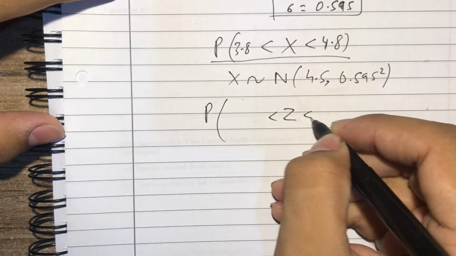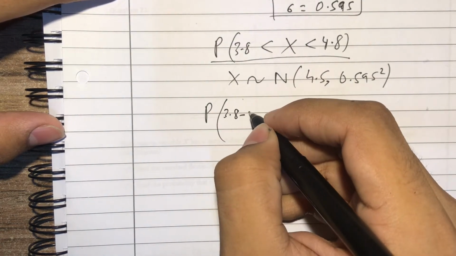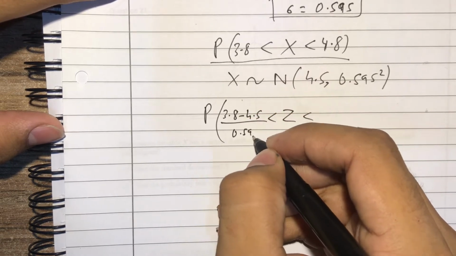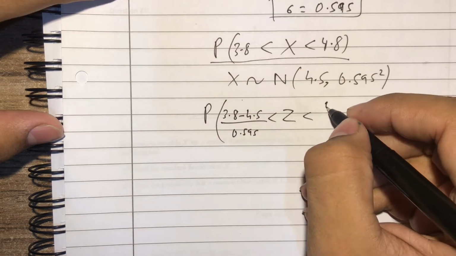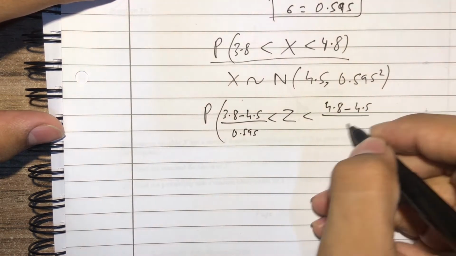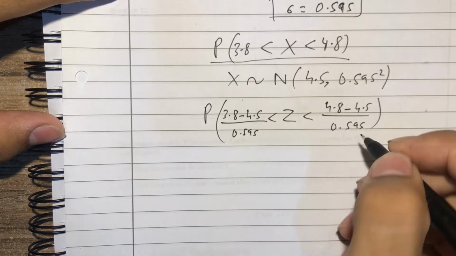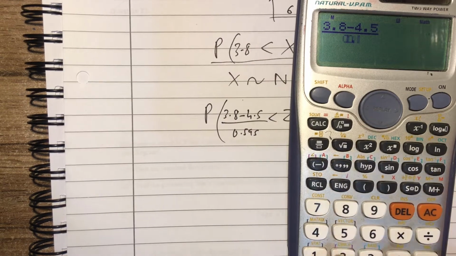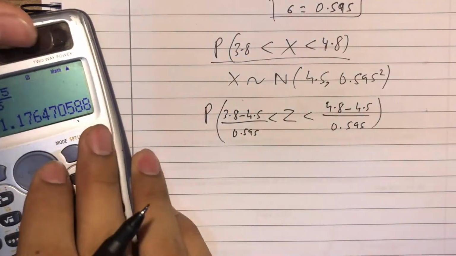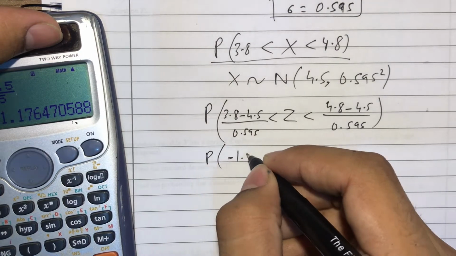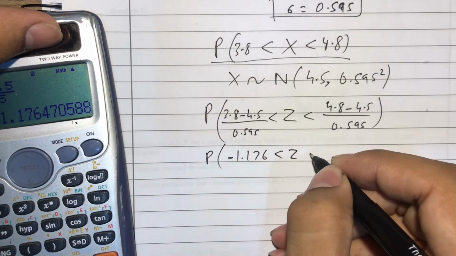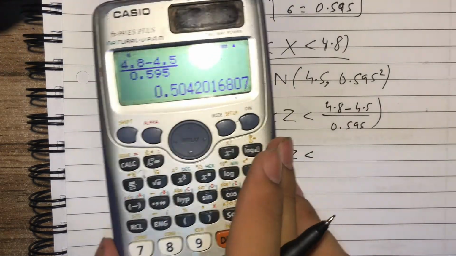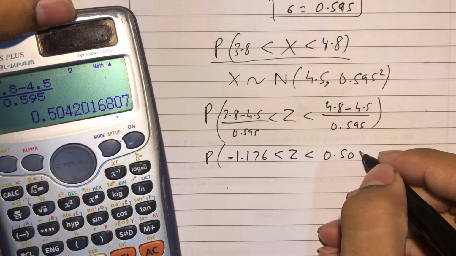So z is greater than (3.8 minus the mean, that is 4.5) upon the deviation, 0.595, and on this side (4.8 minus the mean) upon the deviation. So the probability: negative 1.176 is less than z, which is less than 0.504.